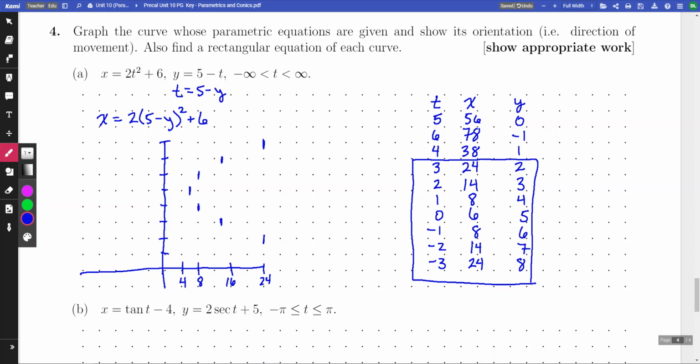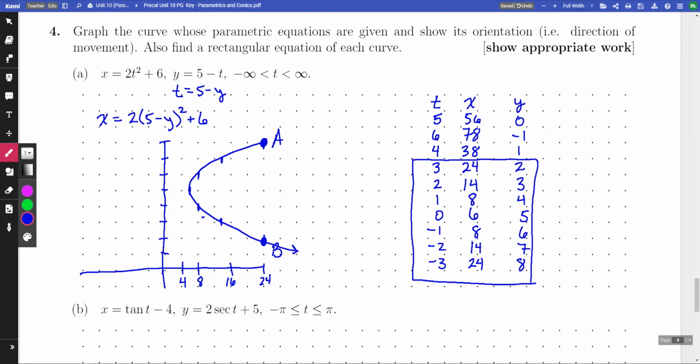And notice that for t values going from negative infinity to positive infinity, I would start at y is positive 8, x is 24, so I would start up here and travel in the direction down there with an x value of positive 24 and a y value of positive 2. So my direction of travel is the parabola moving in this direction.